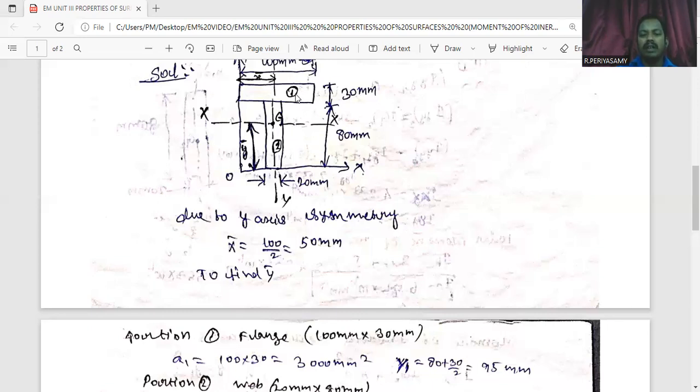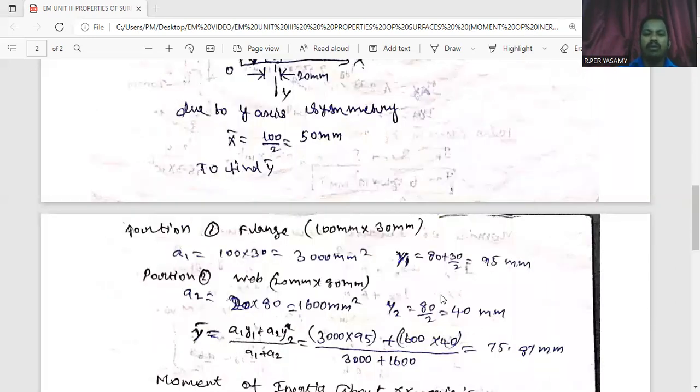So we have to add the web component vertical distance, 80, plus 30 divided by 2. So finally we got the Y1 value, 95 mm.